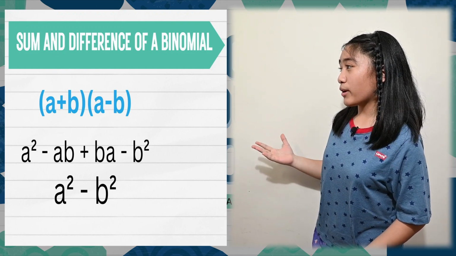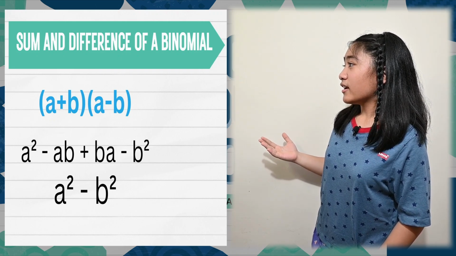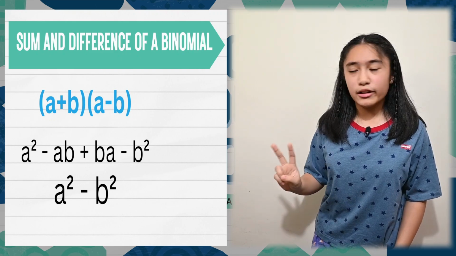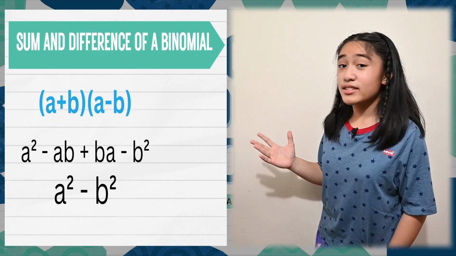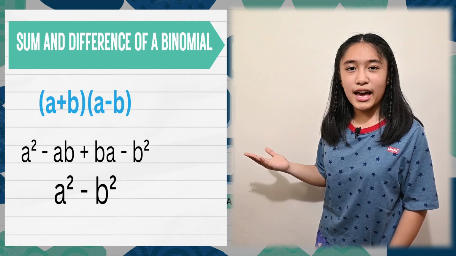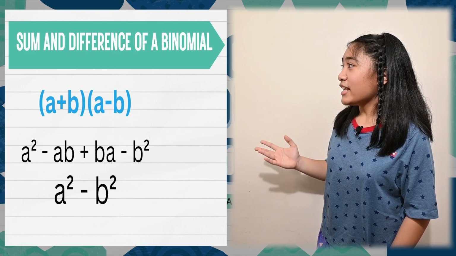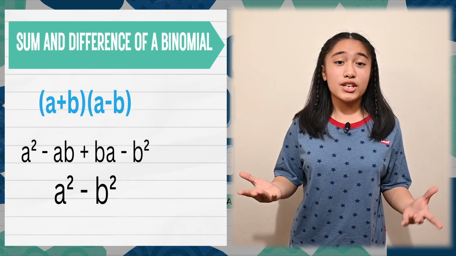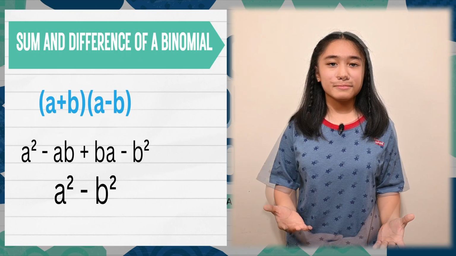You'll get a squared, negative ab, positive ba, negative b squared. Now, look at the two middle terms, negative ab and positive ba. Those are the same terms, just with different signs. So, they cancel each other out, leaving us with a squared, negative b squared, which is a generalization for the sum and difference of a binomial.